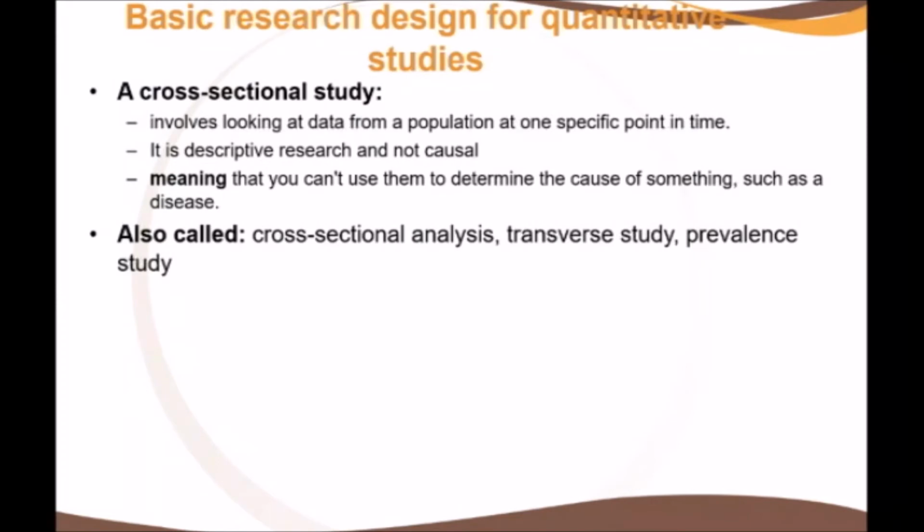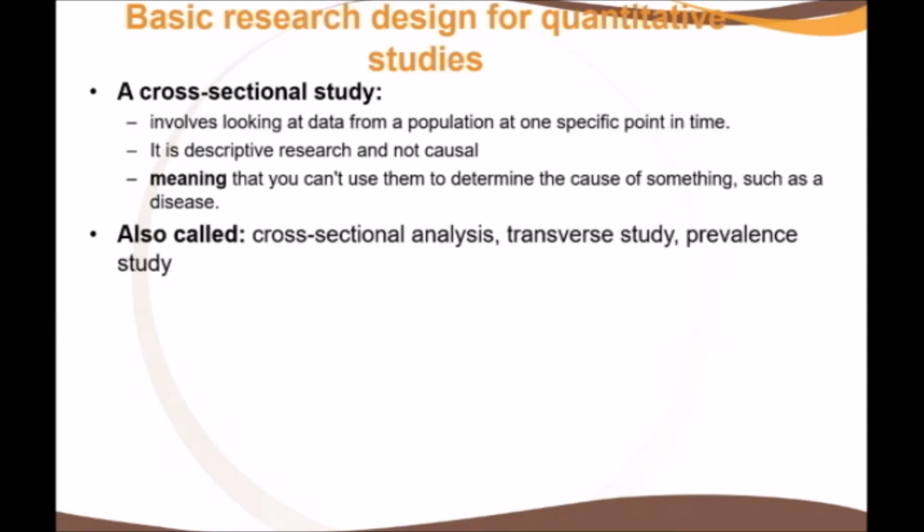So let's look at a cross-sectional study design. What is a cross-sectional study design? It involves looking at the data from a population at one specific point in time. That's why it's called cross-section. Like in the case of the student who is doing a study on rabies, she's looking at the people who vaccinated their dogs at that particular time.